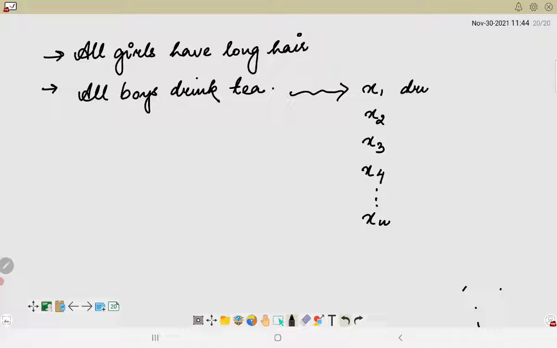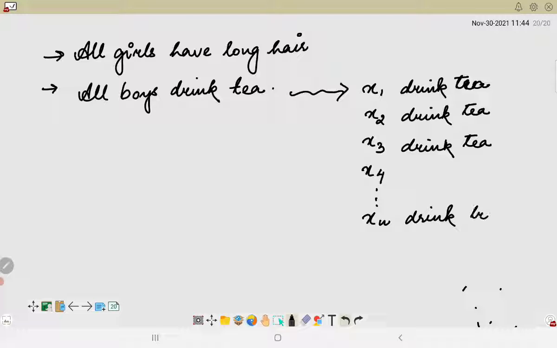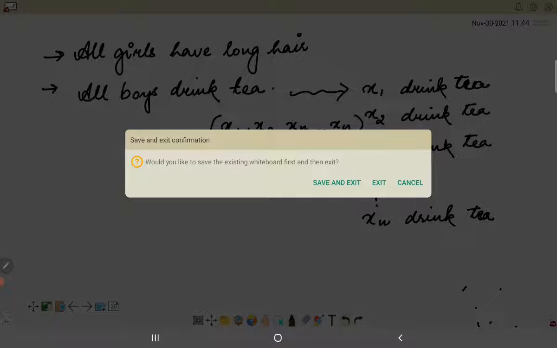So x1 will drink tea, x2 would also drink tea, x3 will drink tea, likewise xn will also drink tea. And all of these x1, x2, x3 up to xn belong to a universe of discourse which is boys.